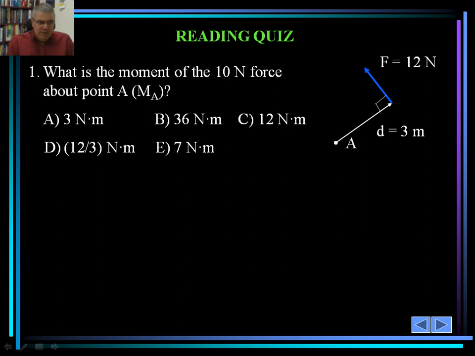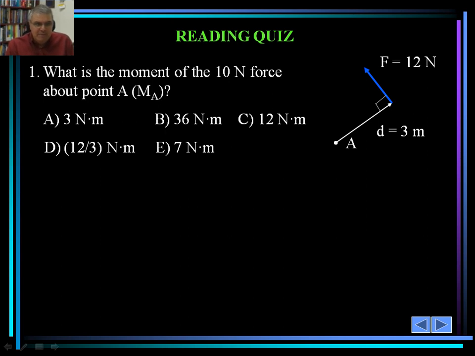The distance from point A, the vertical, shortest distance between point A and the 10 Newton force, is shown here. So we'd like to find the moment of the force about point A.